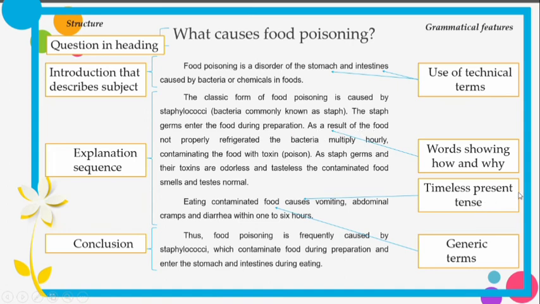Timeless present tense, of course, uses action verb causes, because the tense used in an explanation text is the simple present tense. It is indicated by using verb 1, with s or es, and generic terms. The generic term, for example, is food.